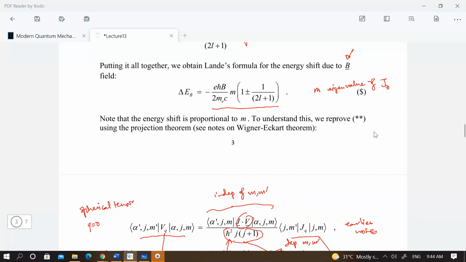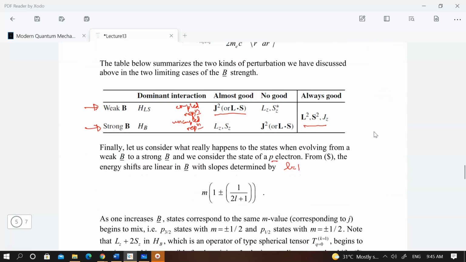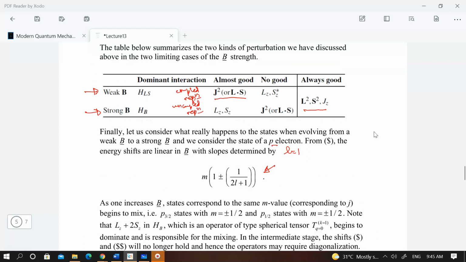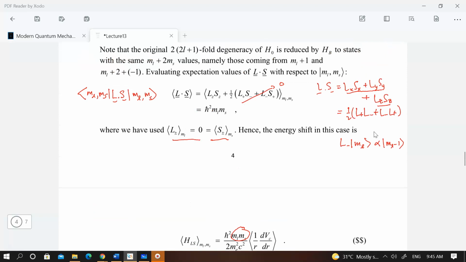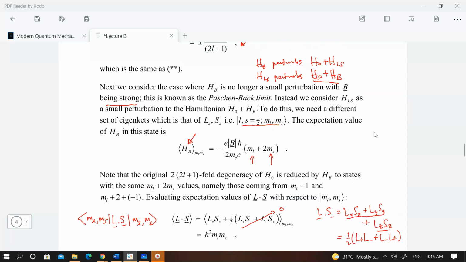If I consider this as your variable here, so your B is going to be varied, you get this as a slope, this particular slope multiplying your B. This will be contrasted with the case of the strong field, where the expectation value of your HB is now given by this.